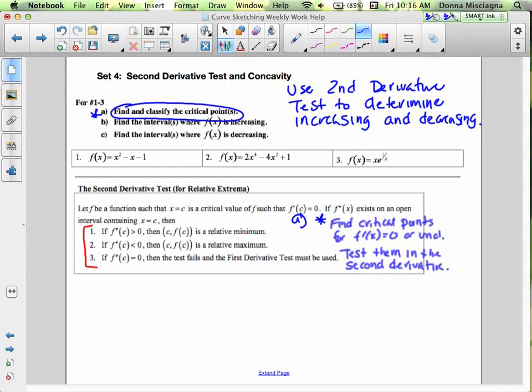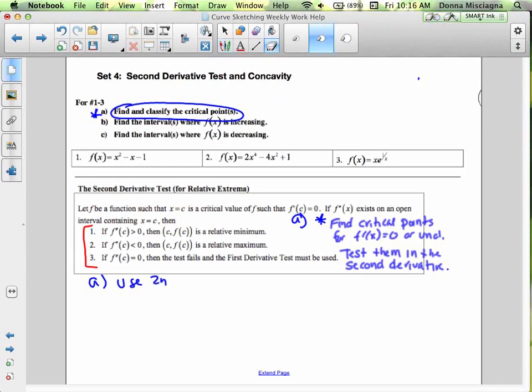All right? So for A here, you're going to use the second derivative test. Not into increasing, decreasing. I don't know why I said that. Because it doesn't work so well because you're not going to know the whole interval.